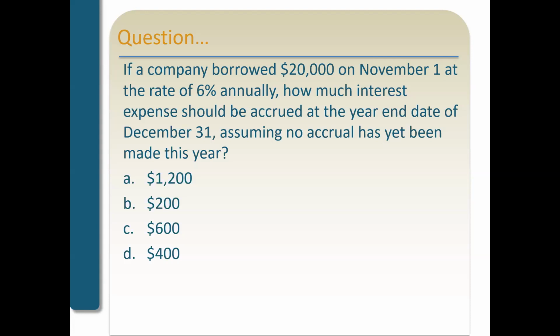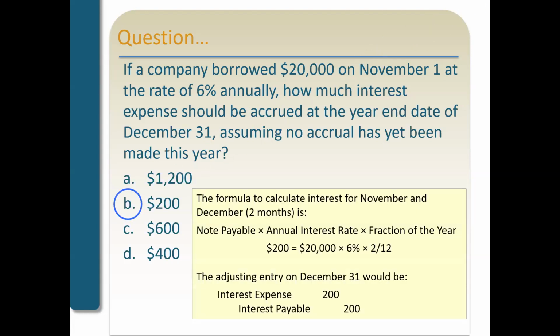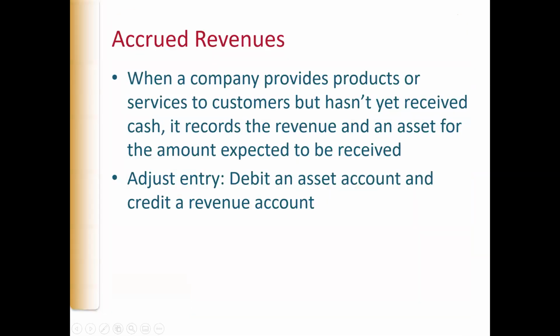So when we say 20,000 times 6%, that's giving us it for 12 months. But we want to say 20,000 times 6% times 2/12 or 1/6. So that amount would be $200. 20,000 times 6% times 2 months out of 12 months, we would show a debit to interest expense and a credit to your interest payable.